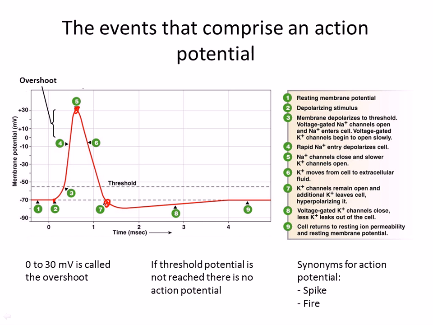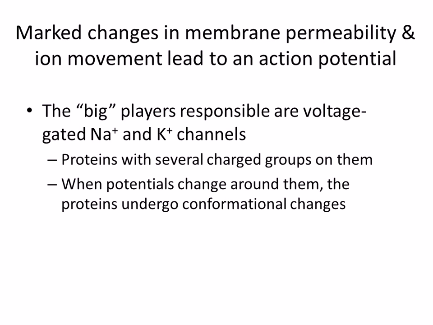Now, in order for this to happen, remember I pointed out that we have sodium and potassium. So the big players in all this are sodium and potassium channels. But they're a specific type of channel. They're not leak channels, they're voltage-gated channels. And so they open in response to changes in the membrane potential. Kind of cool. All right? Now, when you look at these, they're actually a little bit unique.